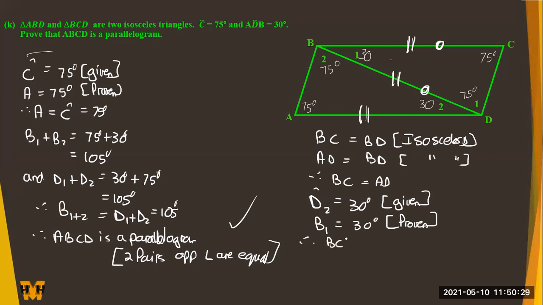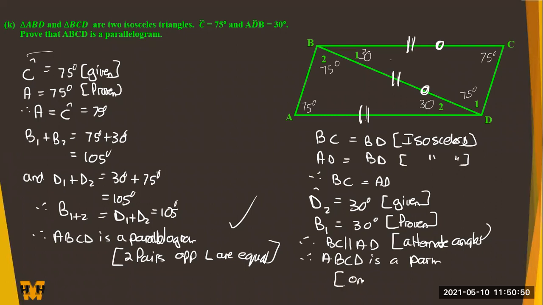Therefore, BC will be parallel to AD because it forms alternate angles. And therefore, ABCD is a parallelogram. Why? Because one pair of opposite sides are now equal and parallel.